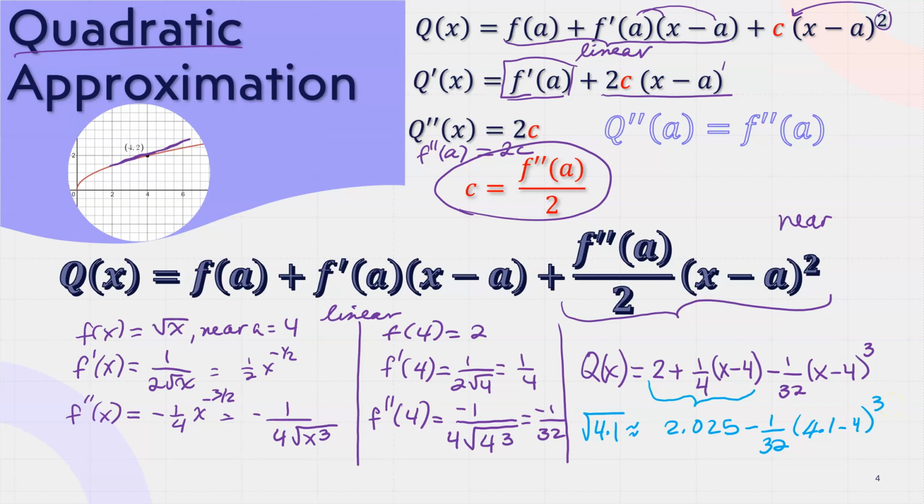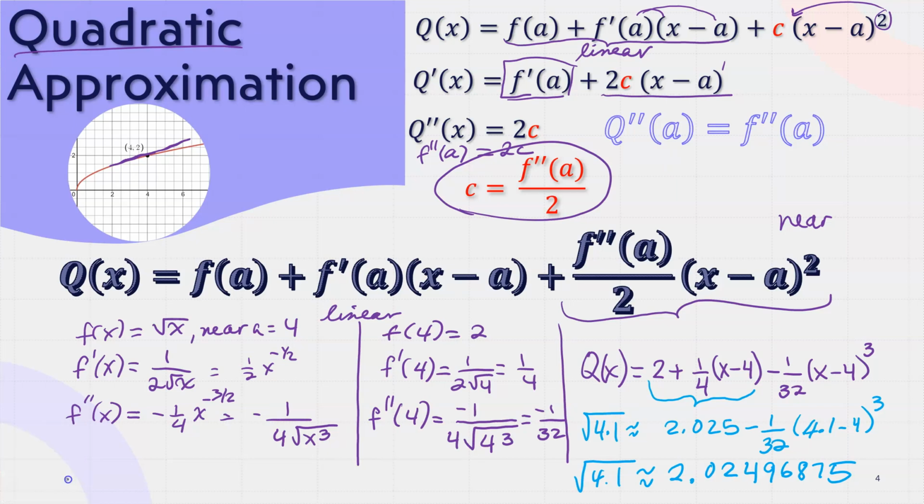So that is going to be 0.1 to the third power divided by 32, and that is a negative number, plus 2.025, and that is going to give us square root of 4.1 is approximately 2.02496875.